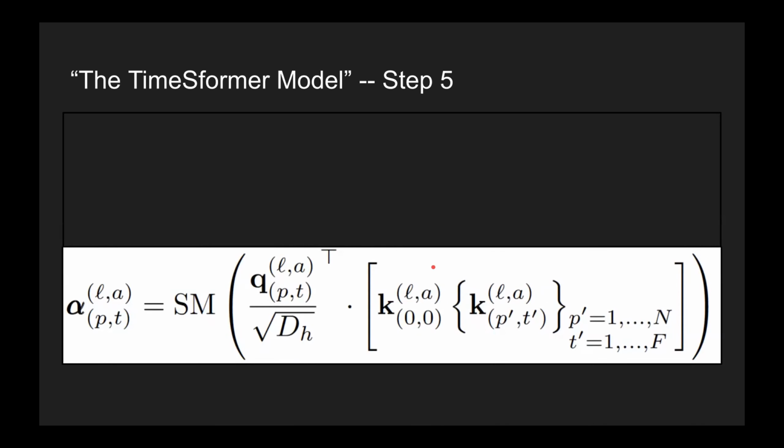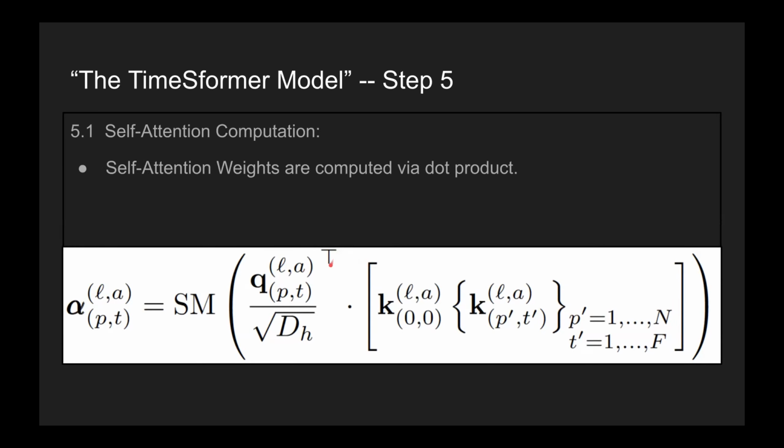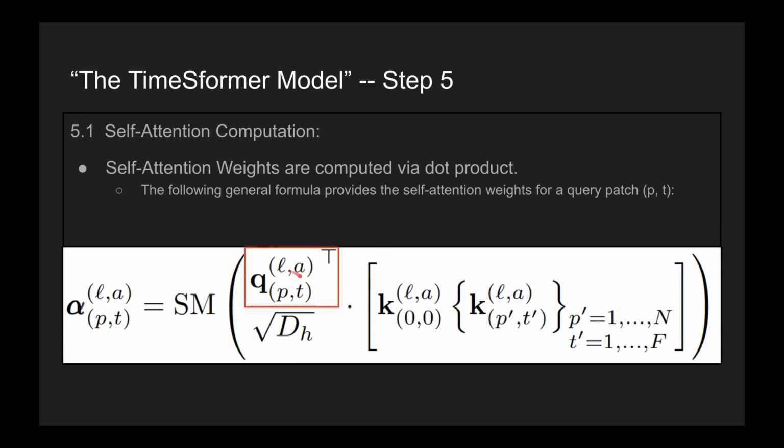You can think of this as the joint space-time equation. It calculates the dot product of the queries and keys. So starting out, we've got the queries. The transpose is necessary to compute the dot product and compute all combinations of the queries and keys. Now let's talk about the keys. This is a little confusing with this paper, but essentially this very first block right here is the key classification, and it's concatenated with the set of keys.